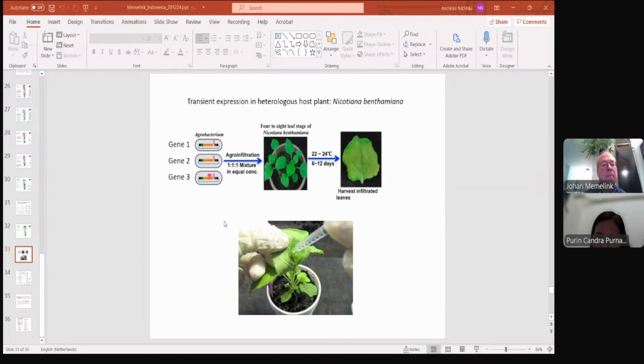But you see in different projects where people characterize novel pathway genes that they are very successful by using this co-expression strategy. So this is certainly a very powerful strategy for finding new genes in any pathway.